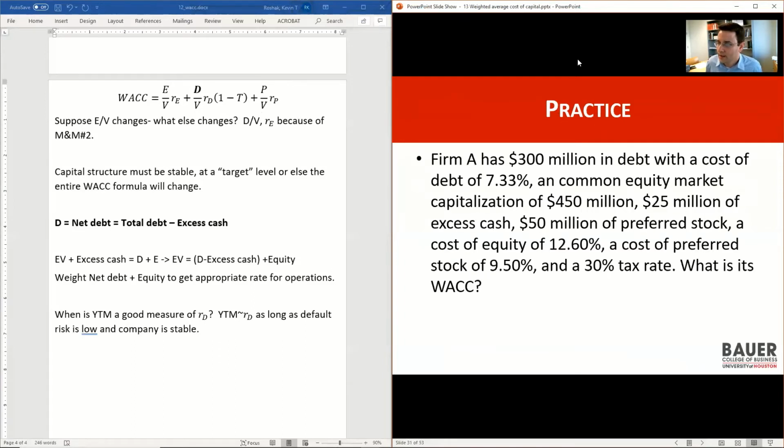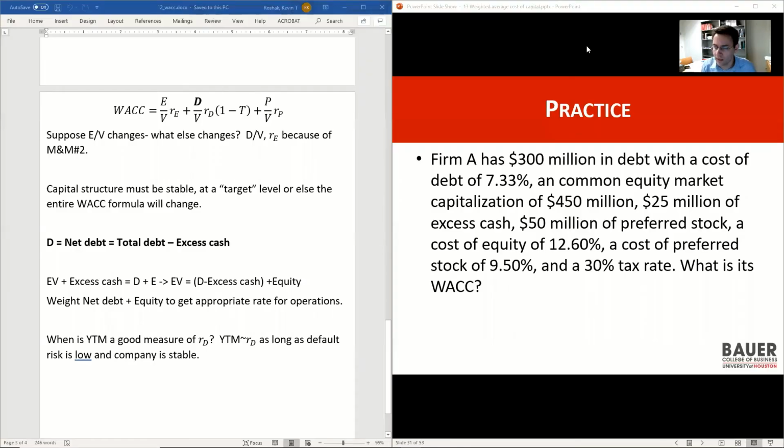Okay, so let's put all that together with an example. We're given a lot of information about firm A. We just have to put it all together into the WACC formula. They have $300 million in debt. The cost of debt is 7.33%. The common equity is worth $450 million. That's what the market capitalization means.